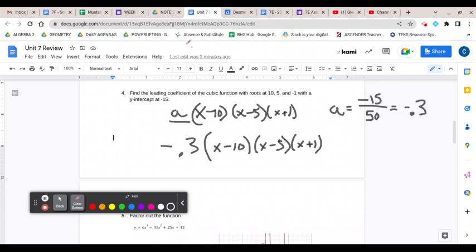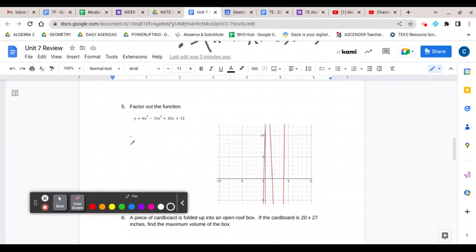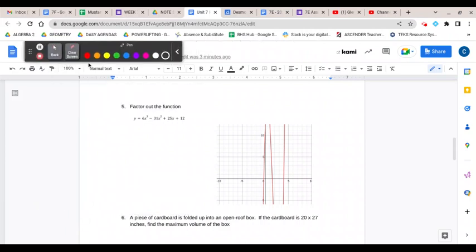Alrighty. Number 5, talking about factoring out the function right here. We have 6x cubed minus 31x squared plus 25x plus 12. First we want to find any obvious roots, then we could use synthetic division.